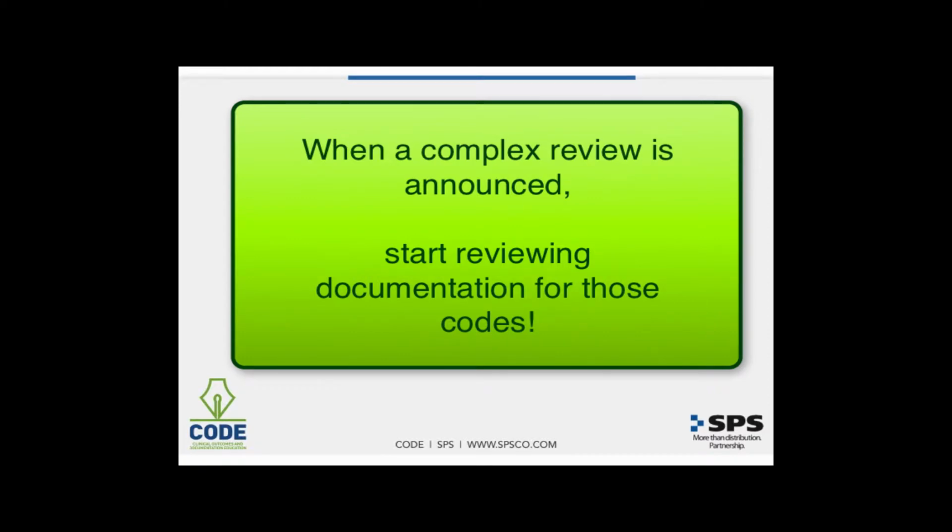So they might sit down in a practitioner meeting or in an all-staff meeting and say, guess what? They just announced that they're going to be doing a widespread complex review of these codes. So let's all review as a group what needs to happen. What do we need to have for our paperwork for these codes going forward?